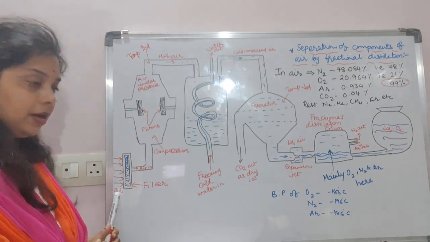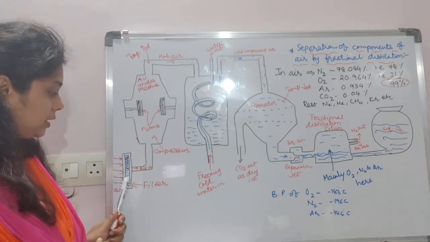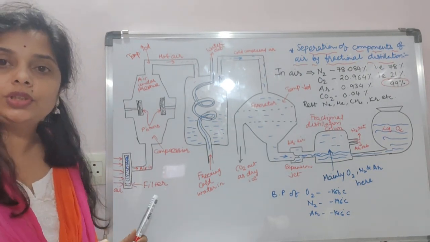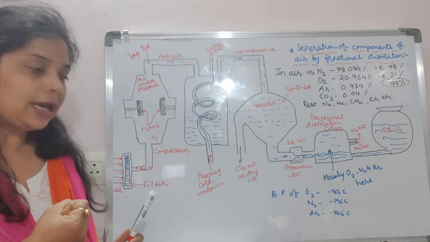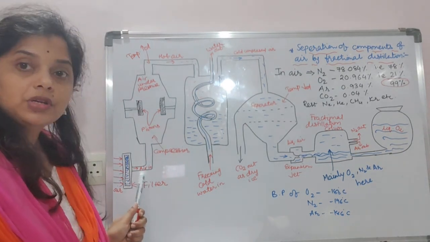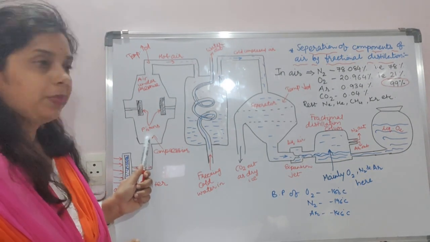First of all, air goes through the filter. Whatever filter is there, it absorbs moisture, dust, and whatever impurities the air has, and the air, now free from moisture and dust, goes into the compressor.